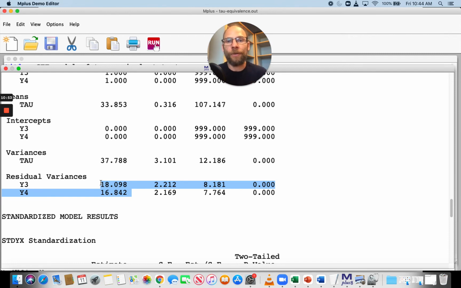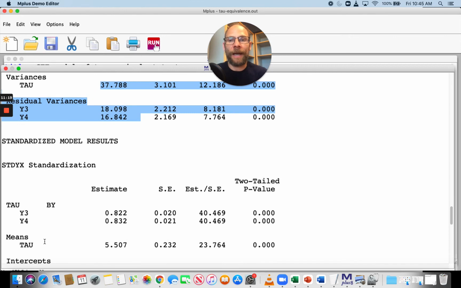And so you could now use these parameters here, the true score variance and the two error variances, to calculate reliability by hand. Now, fortunately, you don't have to do that because Mplus gives you the reliability, not directly under something called reliability, but Mplus provides the R² measure for the observed variables as part of the standardized solution STDYX.